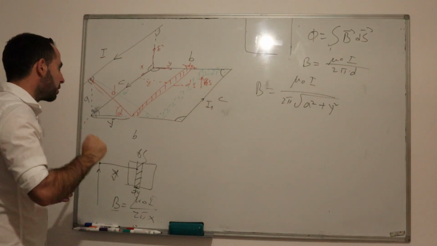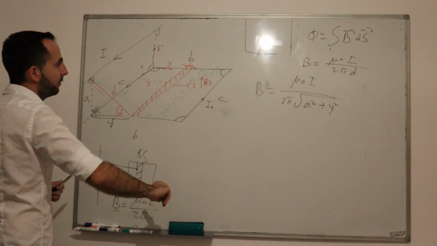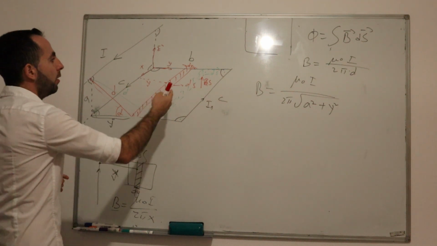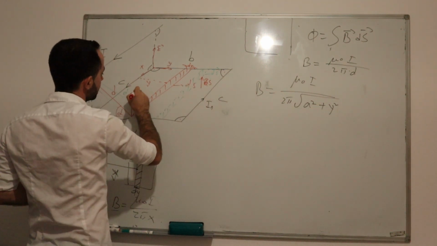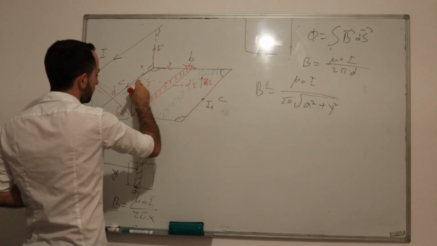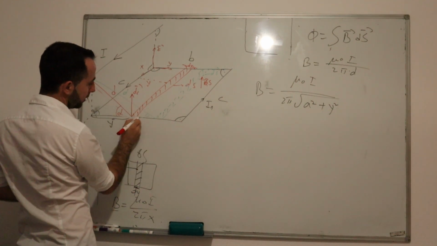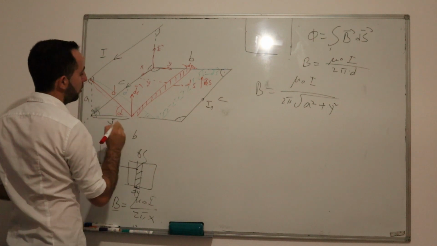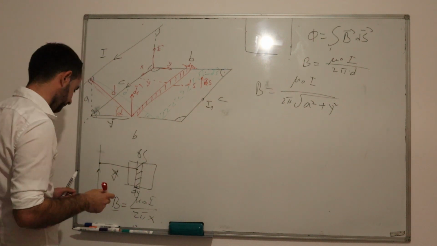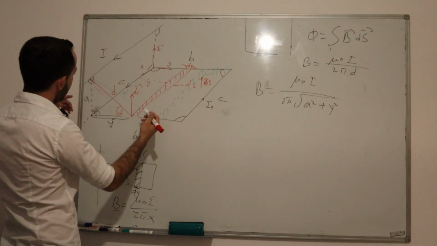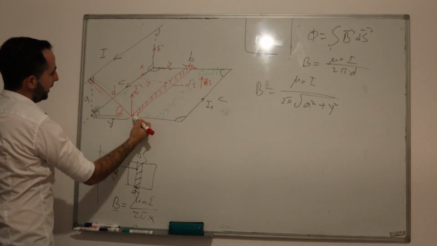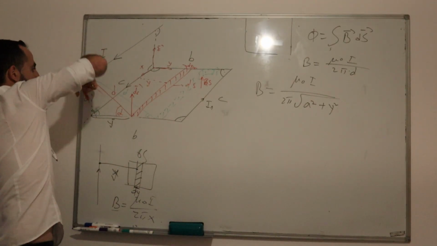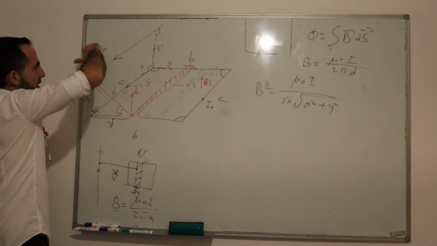But what is the direction of our magnetic field? For now, ds is normal to our surface and creates an angle of 90 degrees with our surface. Our magnetic field makes circles, and this is the direction using the right hand rule.